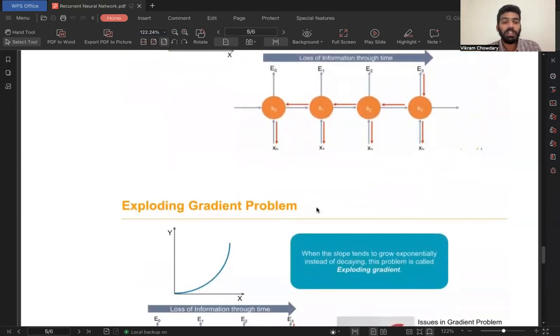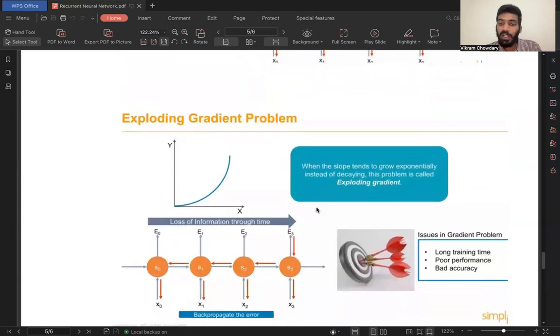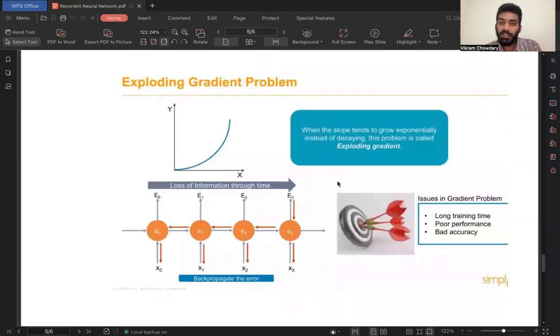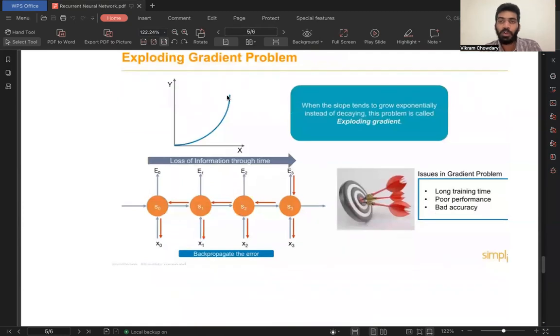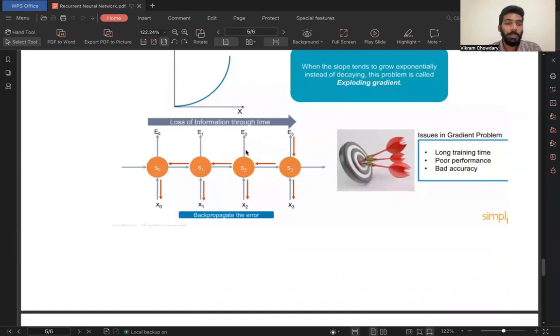And the other is the exploding gradient problem. When the slope tends to grow exponentially instead of decaying, it is called an exploding gradient.